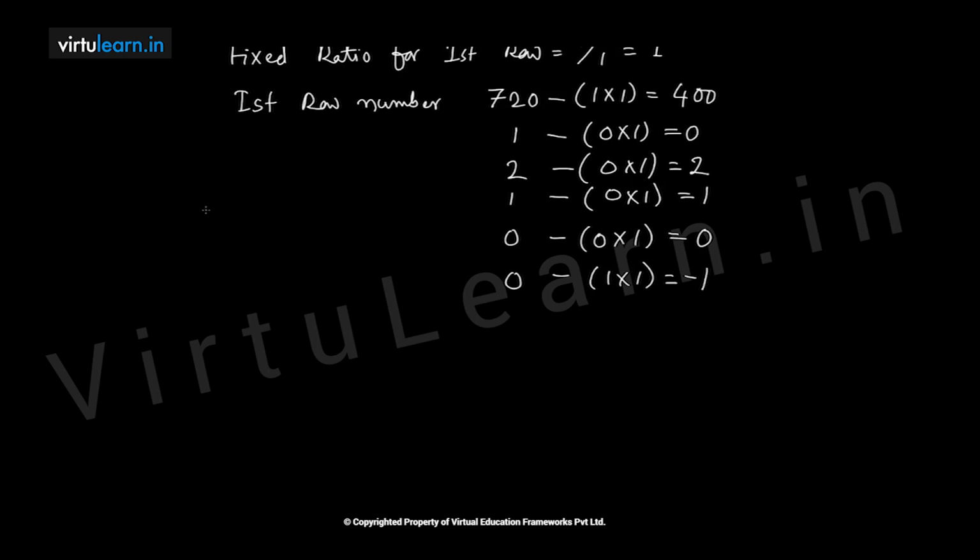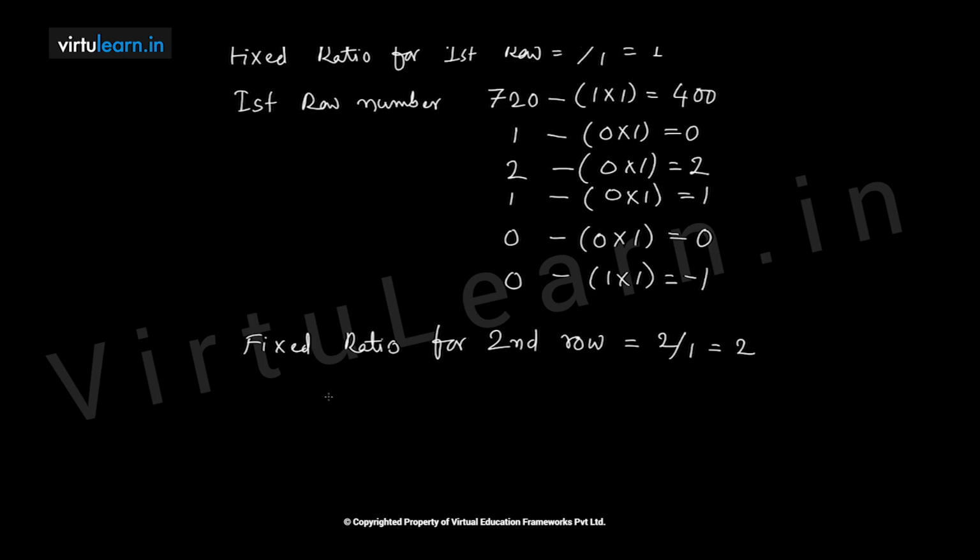Then the fixed ratio for the second row. How will we get this? This is 2 by 1 is equal to 2.